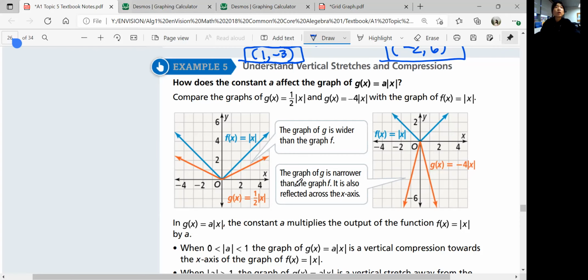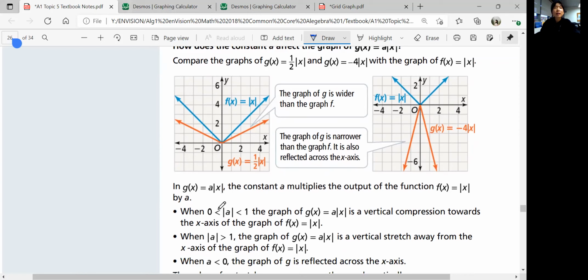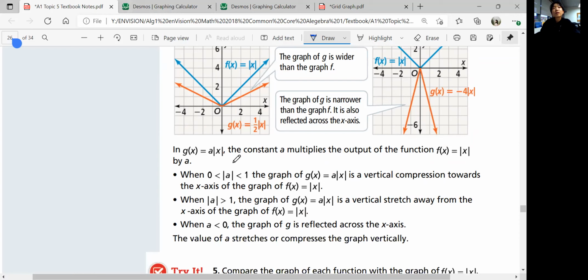If we have g(x) = a|x|, when the absolute value of a is between 0 and 1, it's a vertical compression, since a is outside the absolute value. When the absolute value of a is greater than 1, it's a vertical stretch. When a is negative, the graph is reflected across the x-axis.